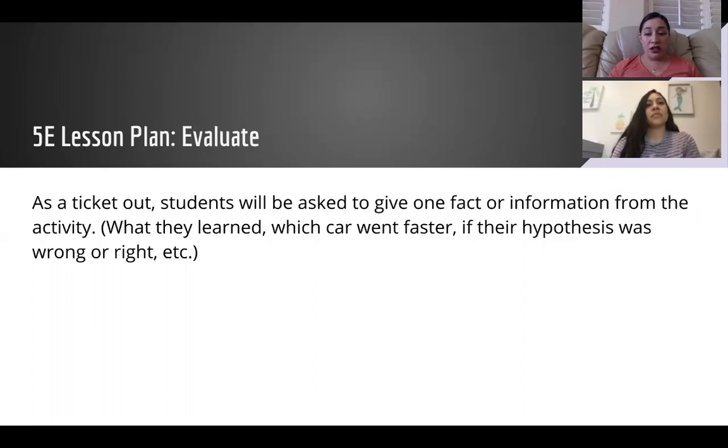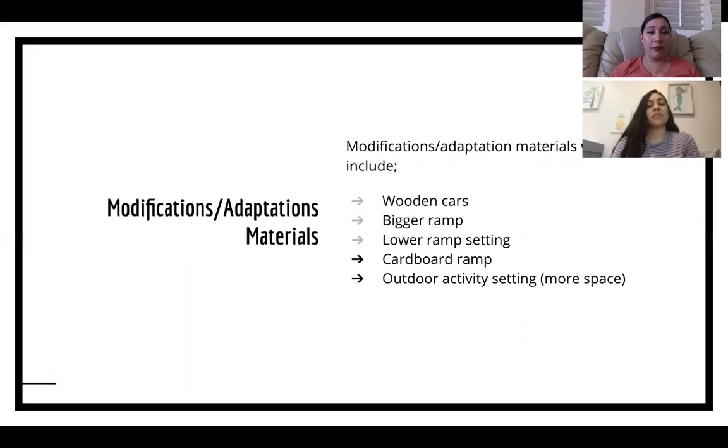So instead of the students continuing to write down, the ticket out would be one fact as they're walking out, whether to lunch, recess, or as a ticket out home. And the teacher is able to do that portion of it.